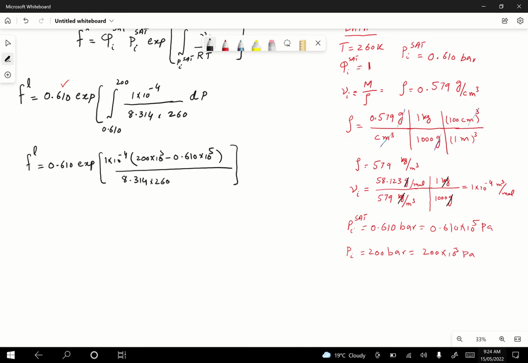So this is basically the thing, right? So units will cancel out. All the units in this thing will cancel out. I will show you in a minute how they cancel out.